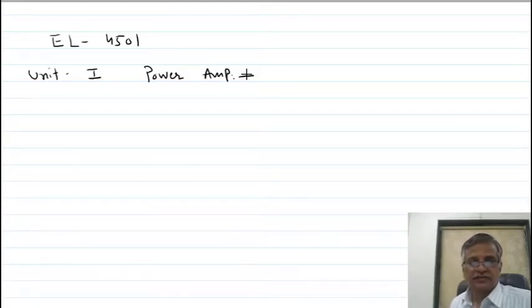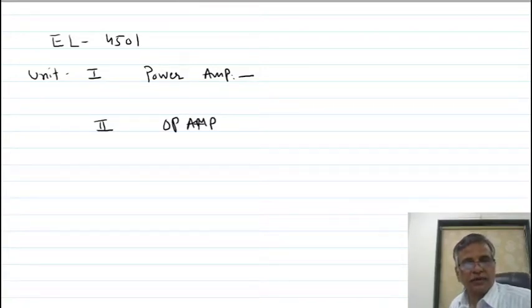Also, we will discuss the designing of a transfer coupled amplifier and class B, class AB push pull power amplifier. In unit 2, I will discuss block diagram of the operational amplifier, its characteristics and some of the applications, and the important parameters of the op amp will be discussed.